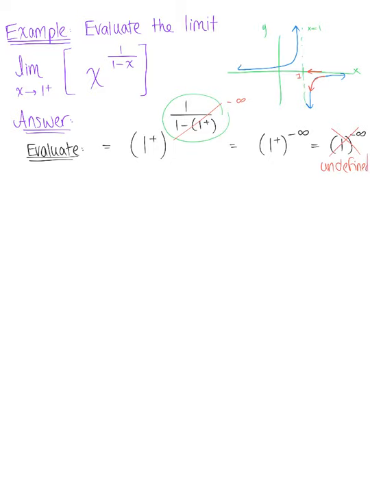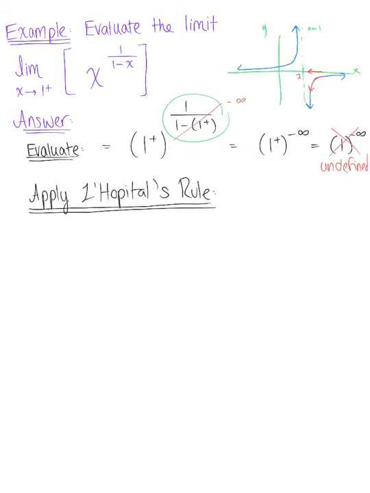Since we have shown that our limit, when directly evaluated, is in an indeterminate form, we can now apply L'Hopital's rule. So we have the limit as x is approaching 1 from the right-hand side of x raised to the 1 divided by 1 minus x, and we're stuck.